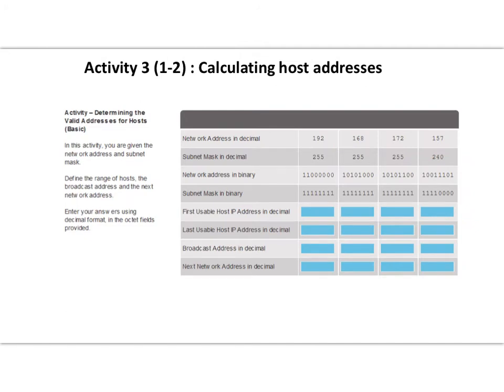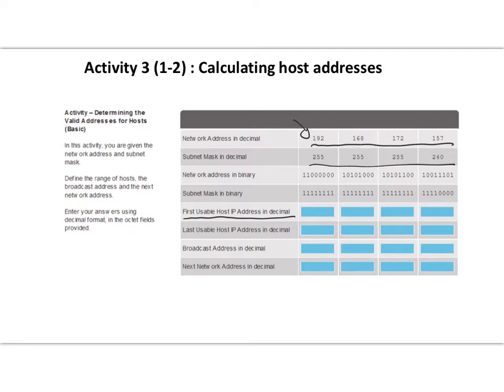Here in this exercise, we are required to first calculate the first usable host address in this subnet. This subnet is defined here by two things: the address and the subnet mask.